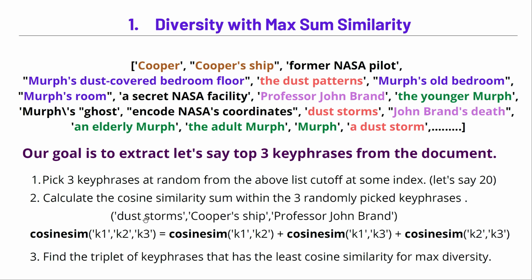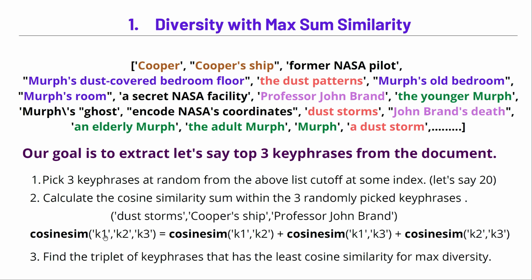Remember that since we are going to just calculate max sum similarity, within these 3 phrases we can just interchange their order, and the cosine similarity that we are going to calculate doesn't change. So basically pick 3 key phrases from these 20 key phrases without replacement. Let's see how we can calculate some similarity between these key phrases. It's pretty simple.